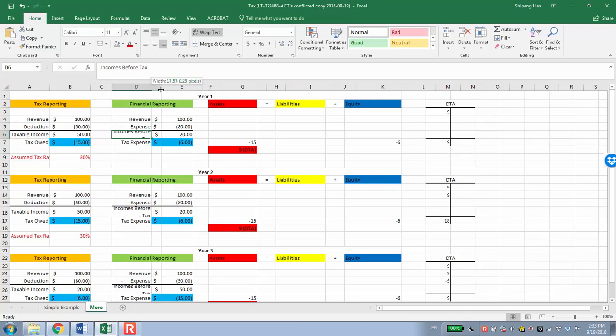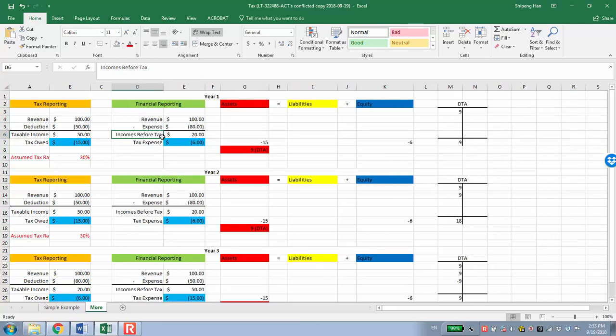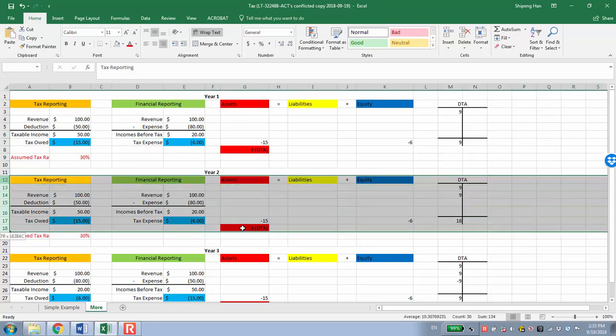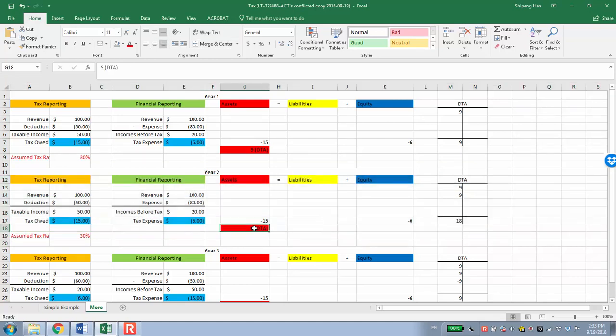In the second year, this happens again. The company will recognize $9 deferred tax assets. So now let's take a look at the T account of deferred tax assets. In the first year, we debit 9. In the second year, we keep debiting another 9. So the balance at the end of year 2 for deferred tax assets is 18.